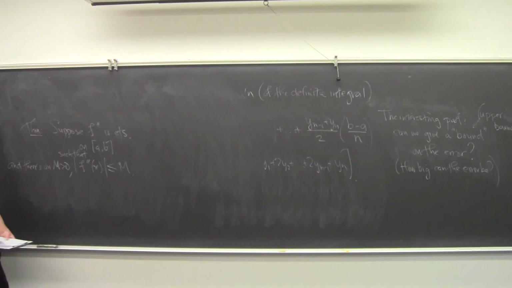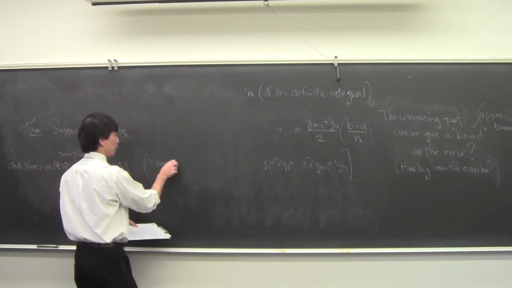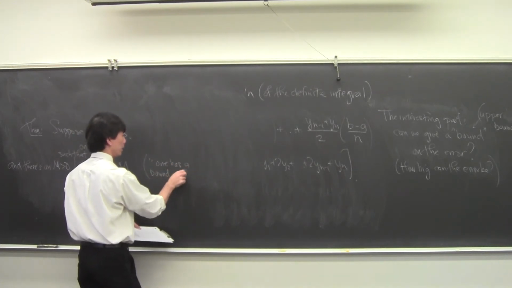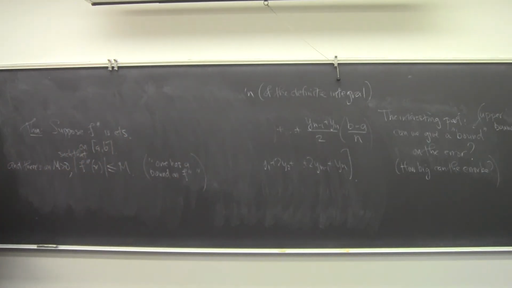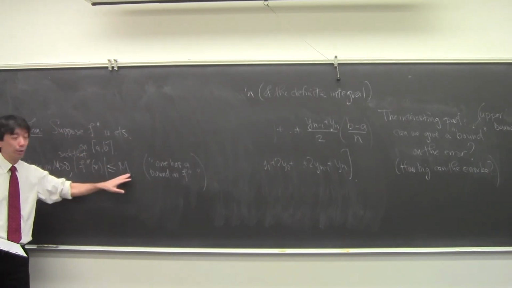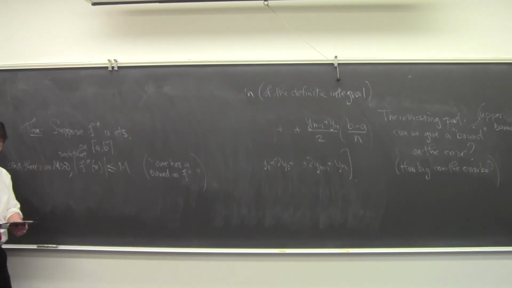In other words, you have a bound on the second derivative. Suppose your second derivative is continuous, and you know some number that's bigger than the absolute value of the second derivative.